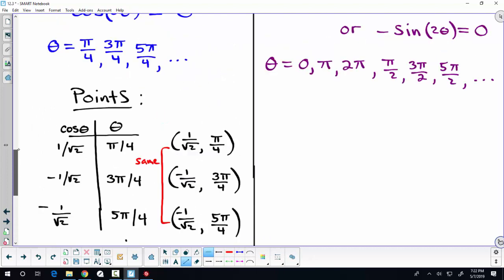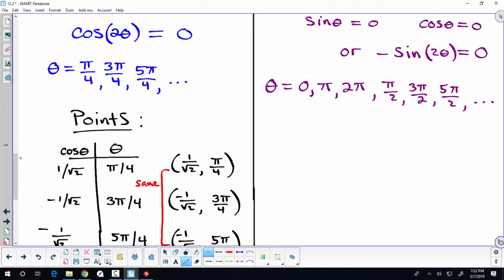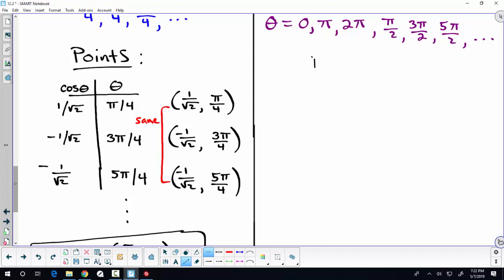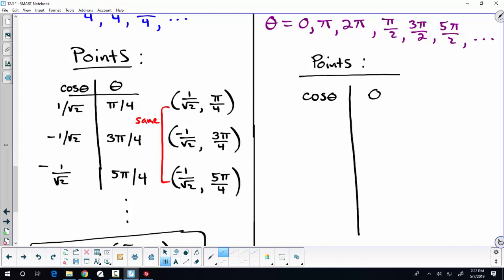Back up to our vertical tangents, we'll do the same thing. R, theta. I'll get 0.